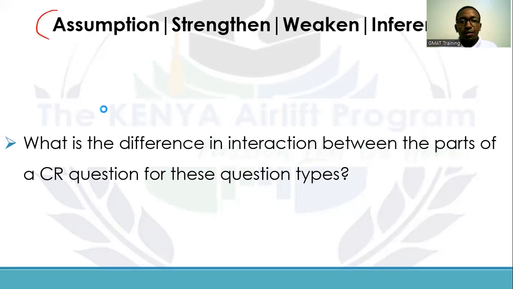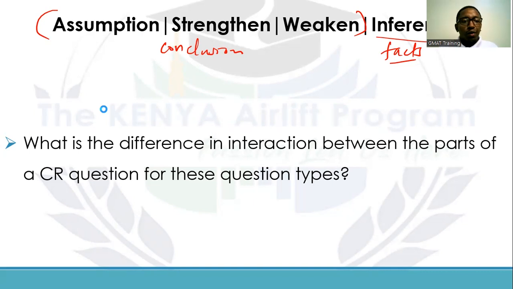As I said, these three, assumption, strengthen, and weaken questions, will have a conclusion in the stimulus. The inference questions won't have a conclusion in the stimulus. They will just have a set of statements presented, and then you will be required to draw a conclusion from this information, just inferring something that must be true given this information.